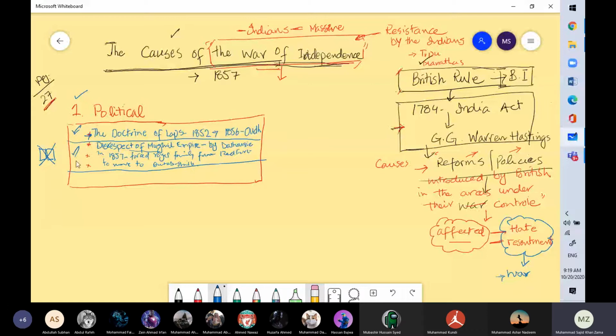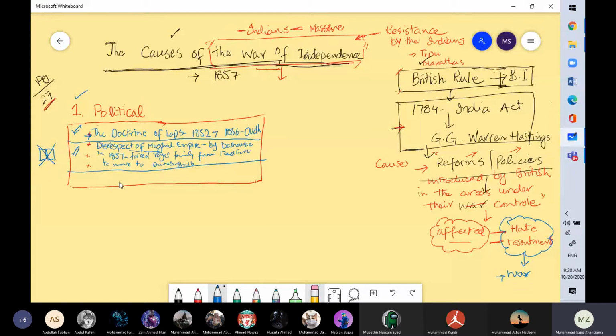So my one evidence, my two evidences that how these moves resulted in war. Next, you see at a lower level in society there was resentment at the lack of opportunities for native Indians in civil services. Added to this, English had replaced Persian as the official language of the administration and the language in which education would be given. Now, two points are here.